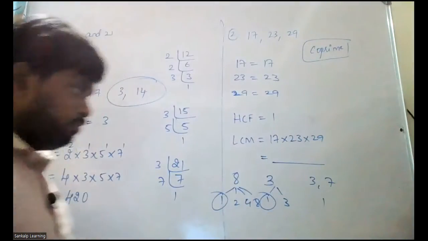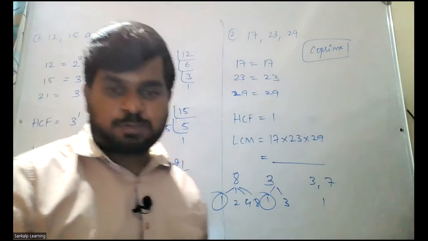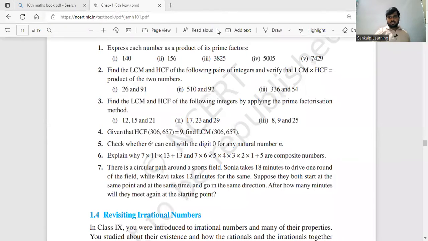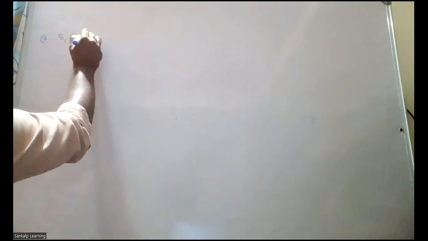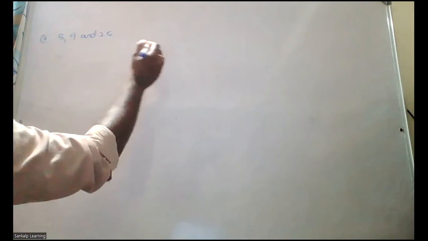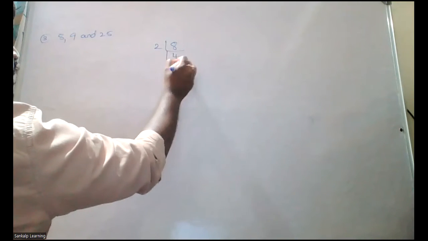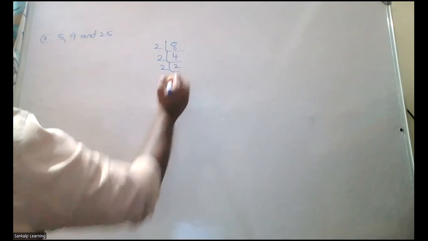Okay. So let's continue with the next problem. The third question is 8, 9 and 25. For the prime factorization of 8: 2 4s are 8, 2 2s are 4, 2 1s are 2.